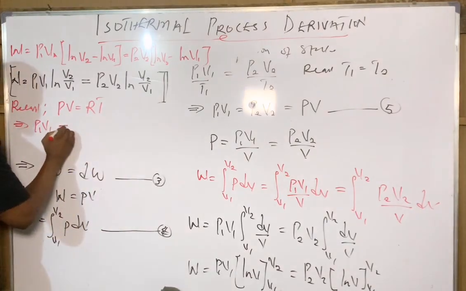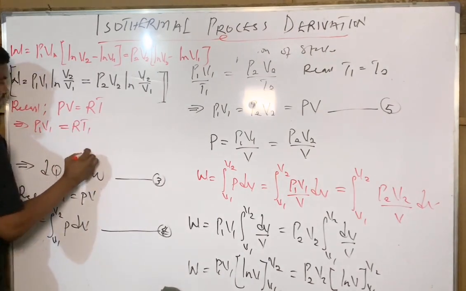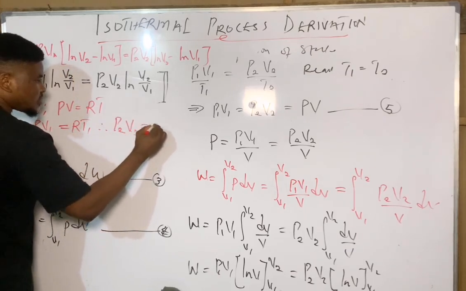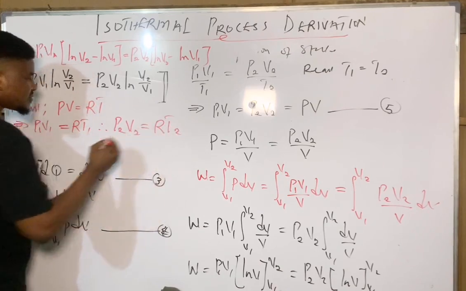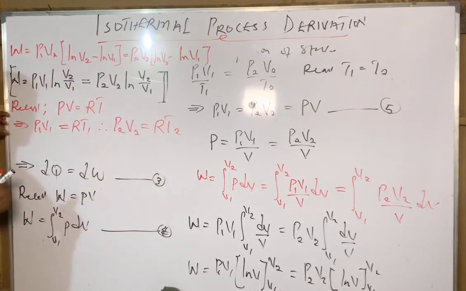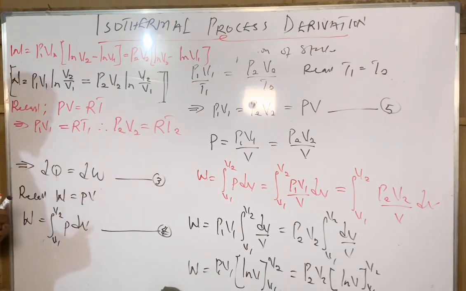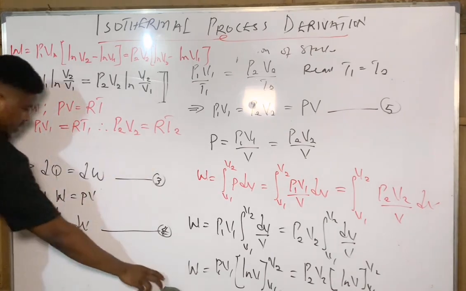So P1 V1 is going to be equal to RT1. Similarly, P2 V2 is going to be equal to RT2. So in place of P1 V1 in this work done equation, simply plug in the value RT1 and then RT2.